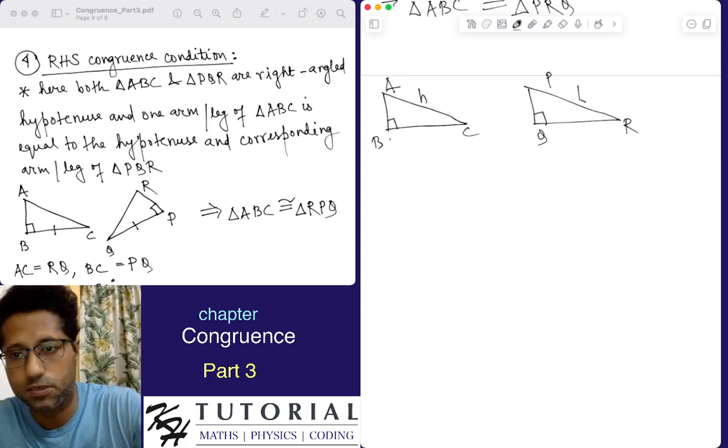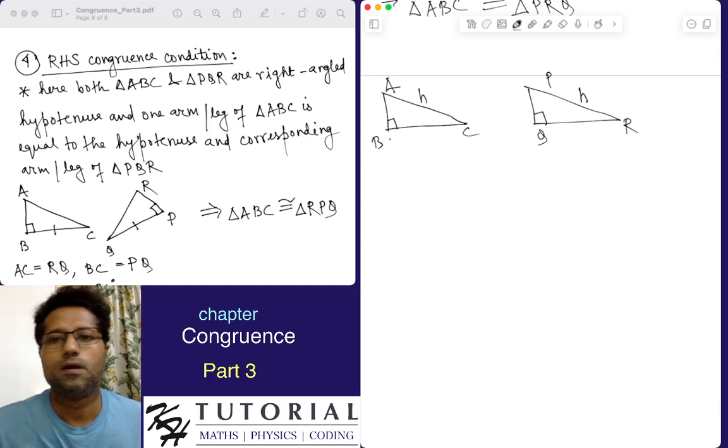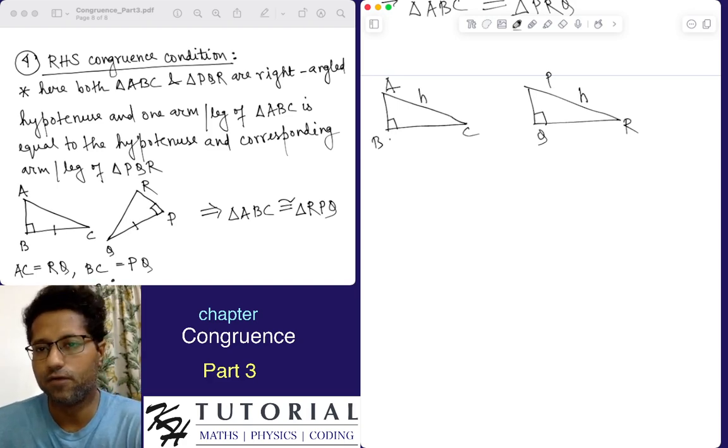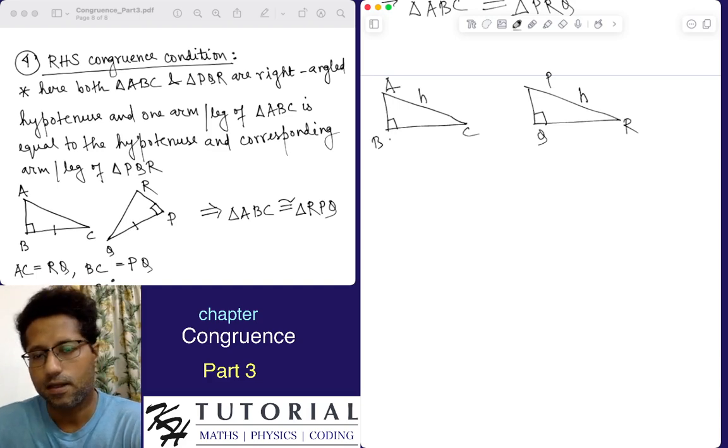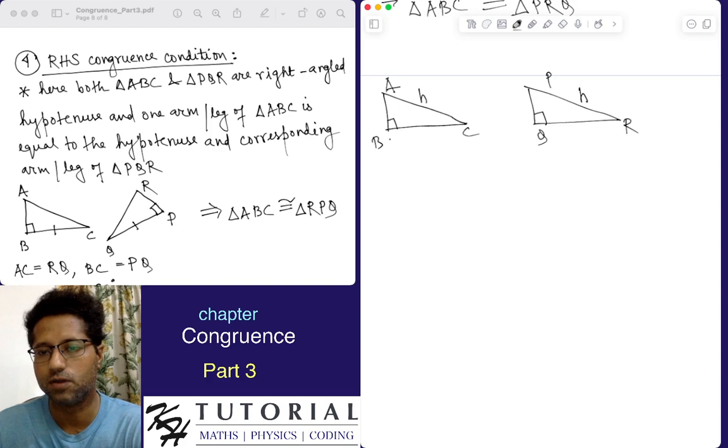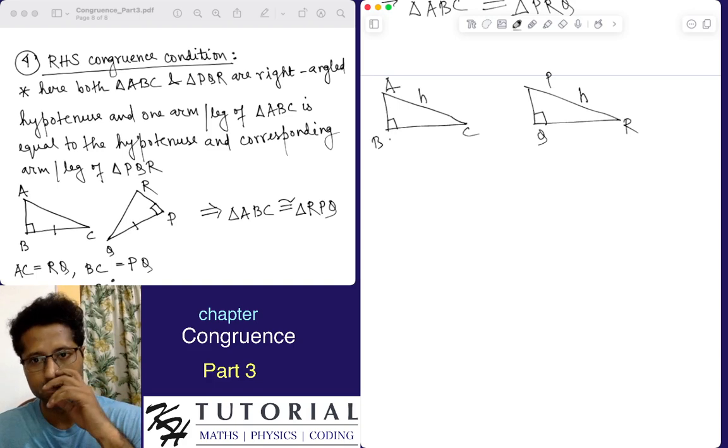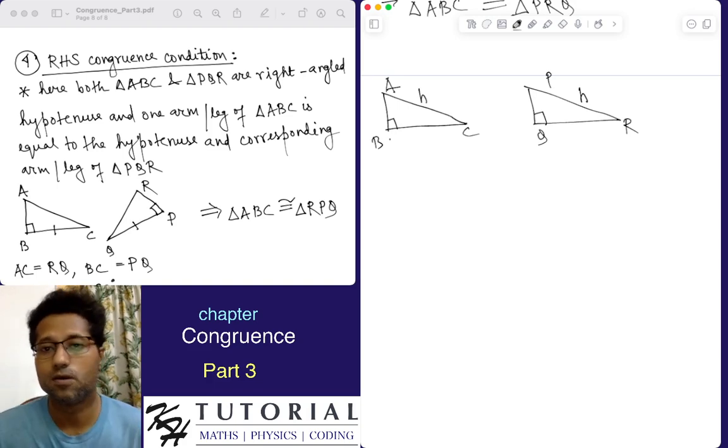What else do I need? The third information that I need is that one arm of triangle ABC, one arm or leg, you know that the sides in a right angle triangle other than the hypotenuse are known as the arms or legs. So in triangle ABC, if it is found that one arm is equal to some arm in triangle PQR, then these two triangles will be congruent.